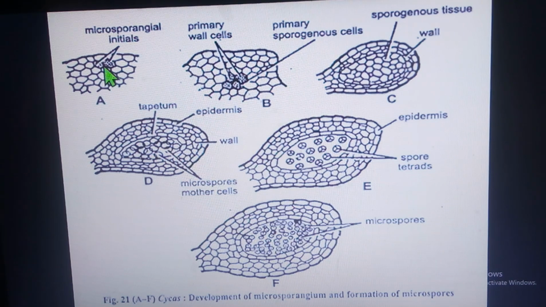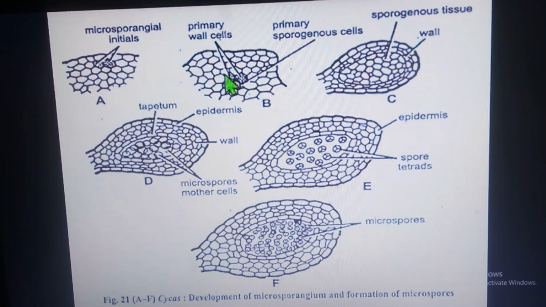Periclinal division means division which is parallel to the tissue, to the cells. Okay, so you see here, these will form the outer primary wall cells, whereas these two are the inner primary sporogenous cells.